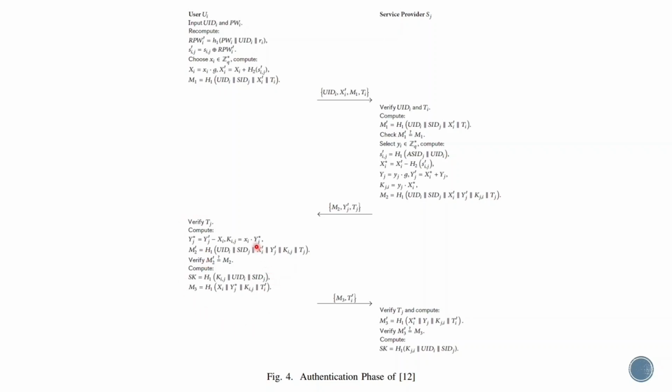The user also authenticates the server and calculates some other cryptographic value, and the user checks the validity of the timestamp. Upon successful verification, if accepted, the user sends a message back to the server confirming the authenticity, and upon successful verification, a session key is established between the user and the server.